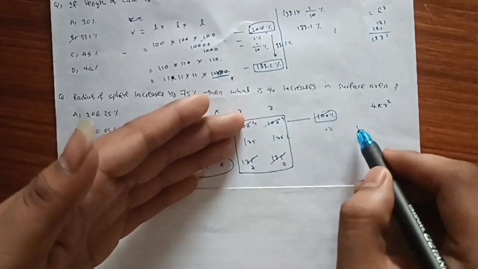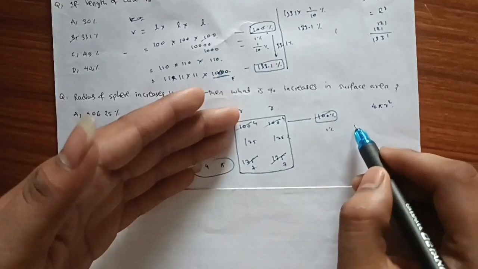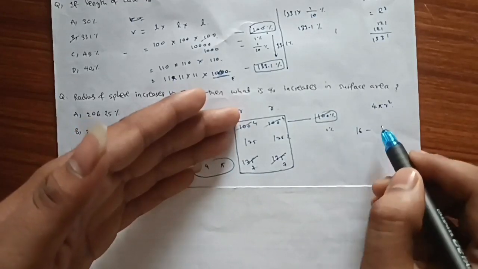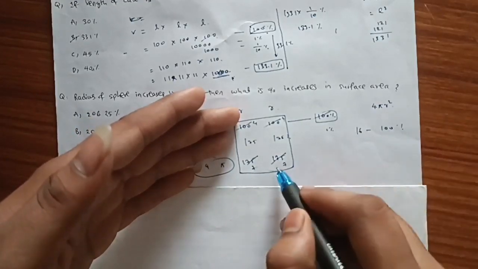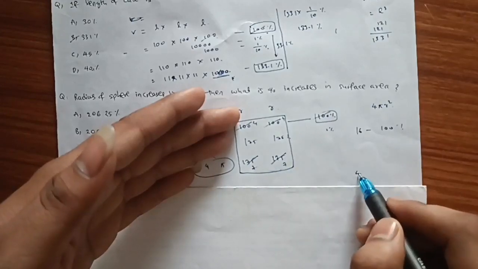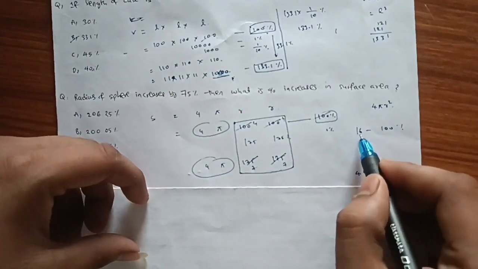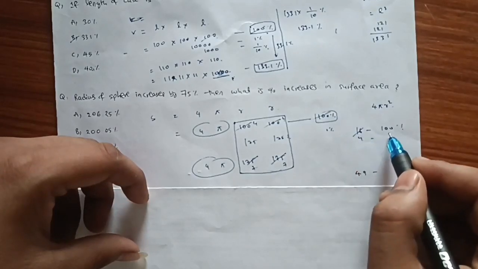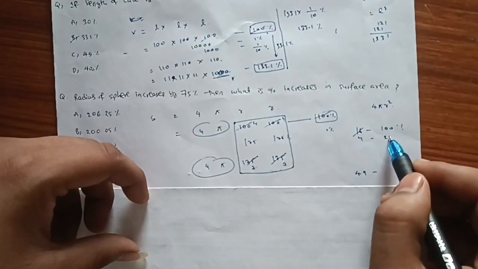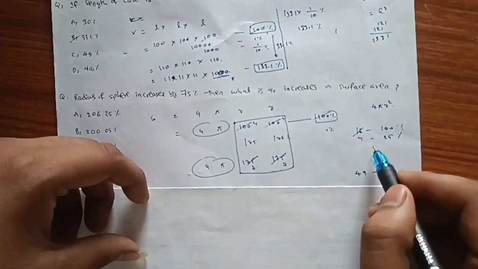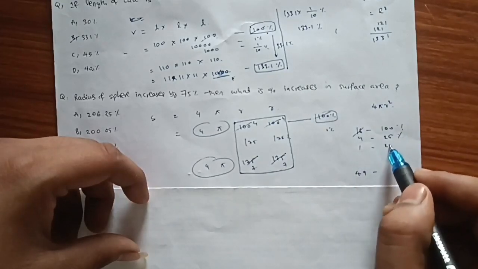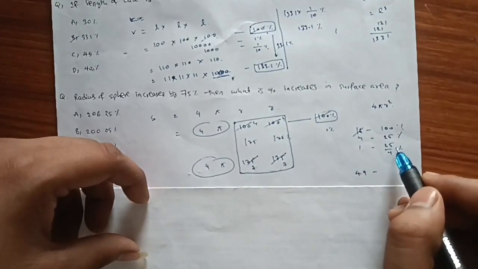So if 4 into 4, which is 16, is 100 percentage, then we need to calculate for 7 into 7, which is 49. We cancel out the 4 on both sides: 4 25 times is 100. So for 1, it equals 25 by 4 percentage.